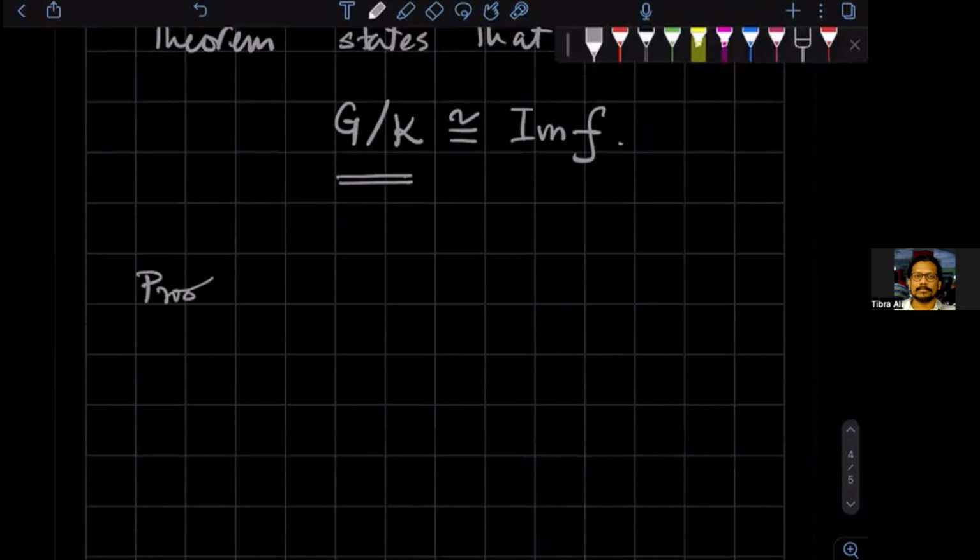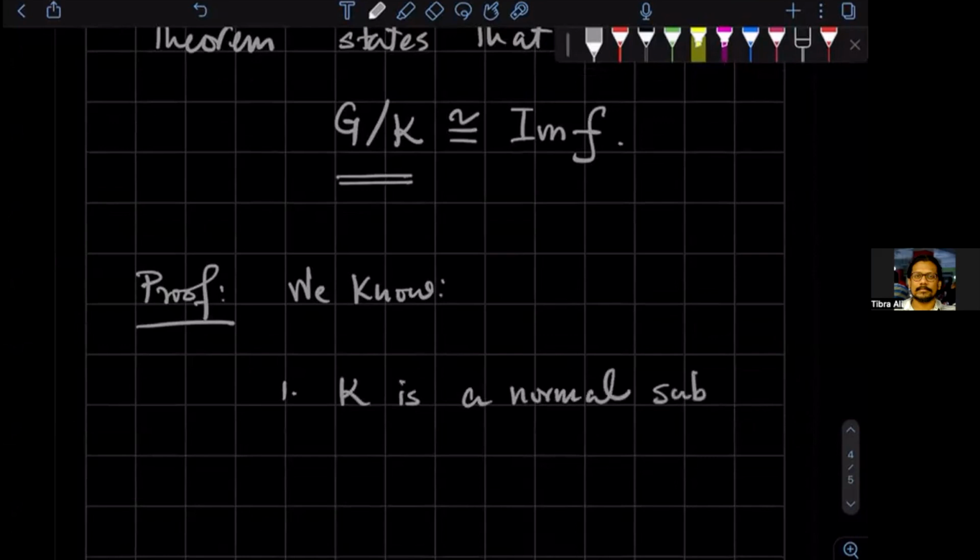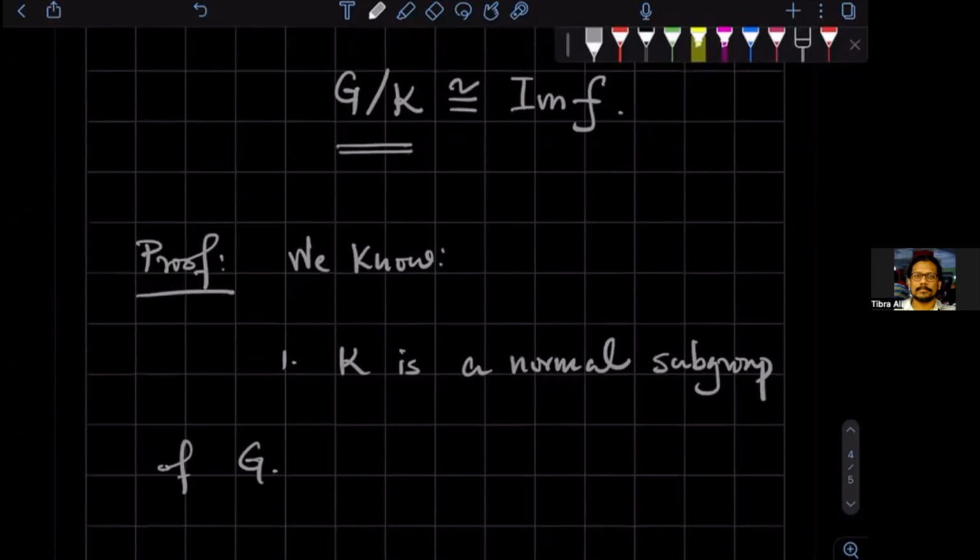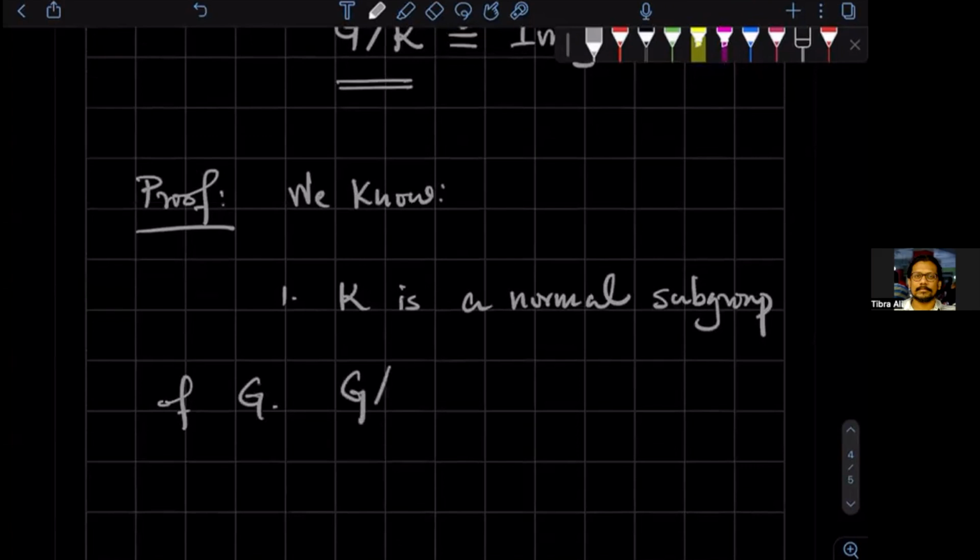Okay, so proof. So what do we know? We know, number one, that K is a normal subgroup of G. Therefore, G over K is a quotient group, right?